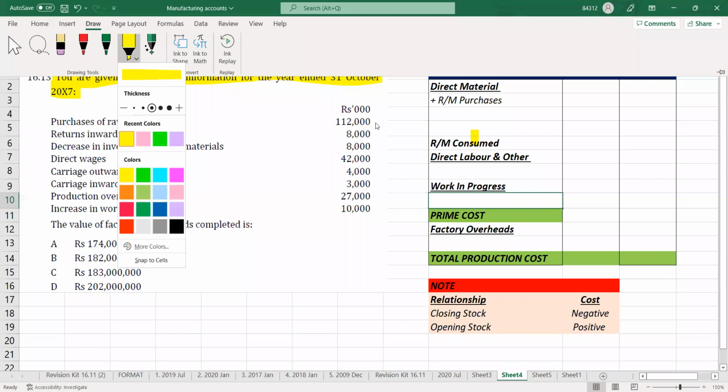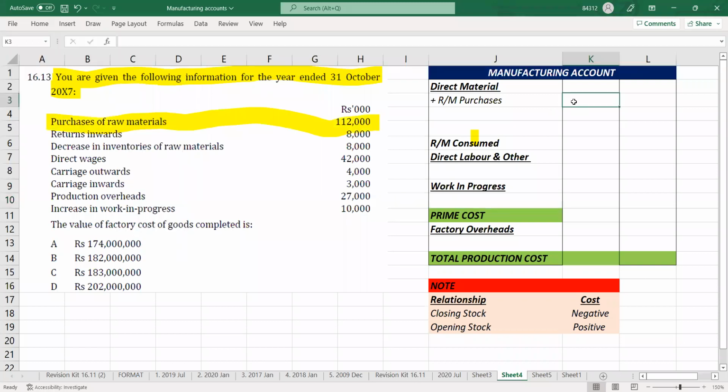Purchase of raw material 112,000. Raw material purchases 112,000. Return.